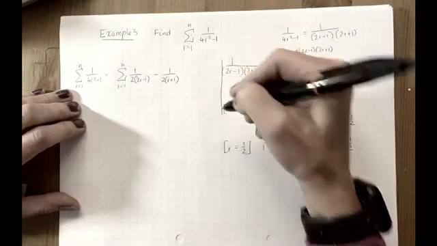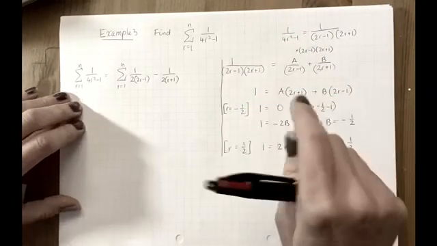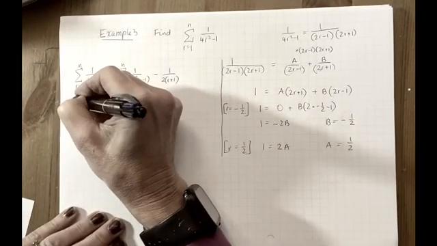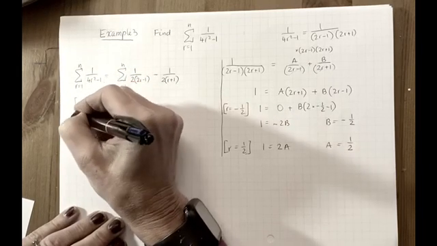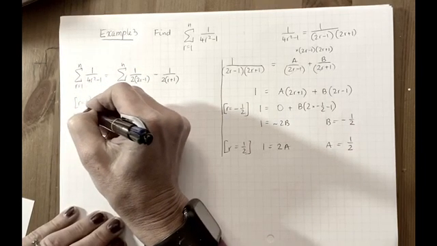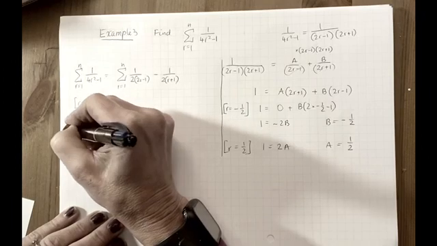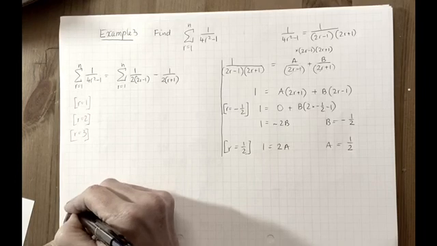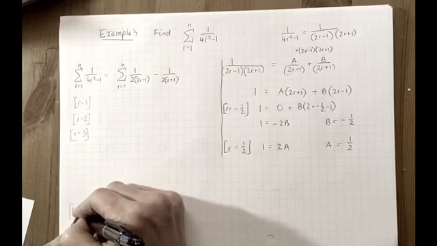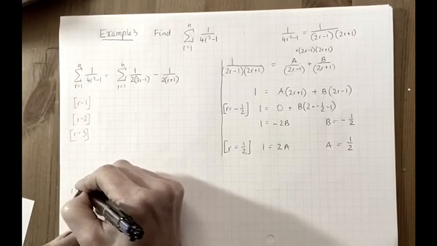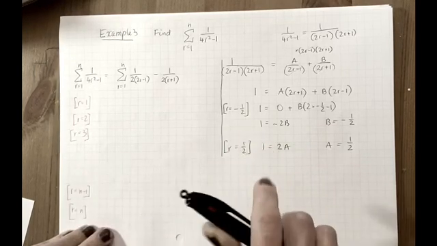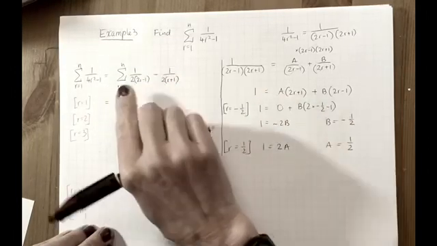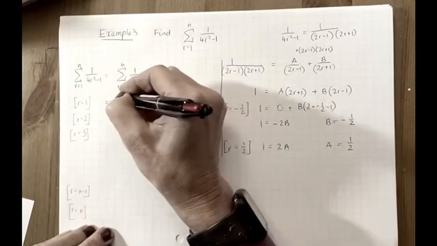Right, so here we've got those two expressions. We're going to substitute r equals 1, r equals 2, r equals 3, and then we're going to write r equals n minus 1 and r equals n. This is just a reminder which term in the series I'm evaluating. So you're going to get a 1 over 2.